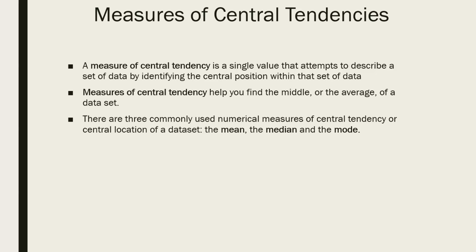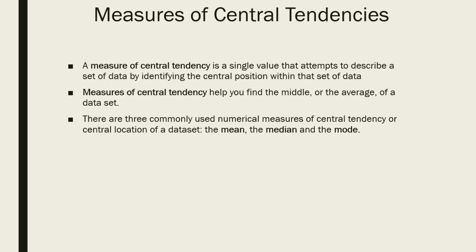Remember last week, we said there are two types of statistics: descriptive statistics, which describe data, and inferential statistics, done using a sample and then generalized about a population. Measures of central tendencies are an example of descriptive statistics, a single value that describes data.